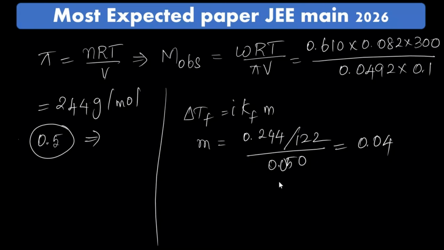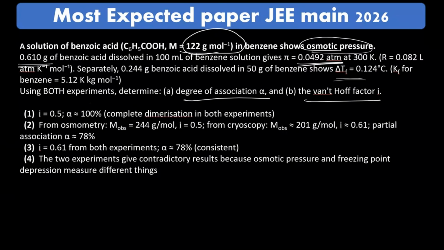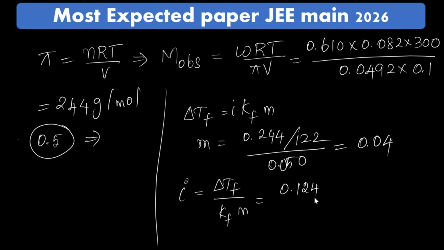So the m value is sorted, and if I want i, then it is delta Tf by Kf into m. So delta Tf for benzoic acid in 50 grams of benzene is 0.124, divided by the Kf value, that is 5.12 into 0.04, that is my m.